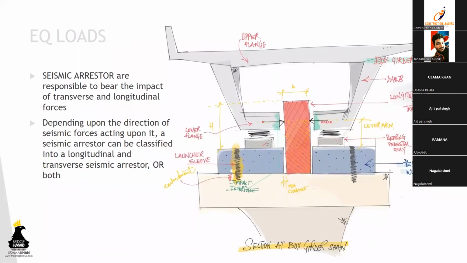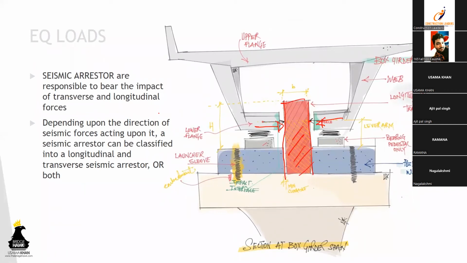Okay, finally, we have got earthquake loads. As I told you, seismic arresters are a unique member which is placed upon the pier. So basically what the seismic arresters do is that they bear the impact of the transverse loads. Seismic arresters are responsible to bear the impact of transverse and longitudinal forces.